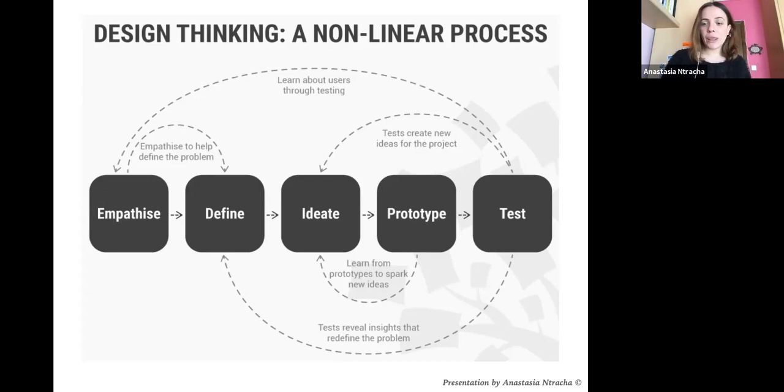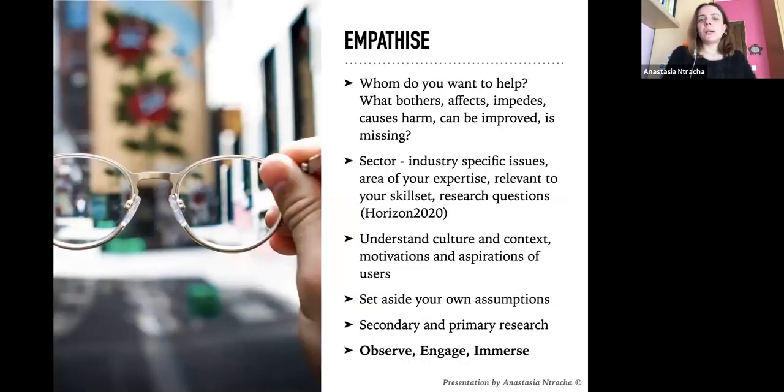So let's start with the empathize phase. Let's say that you and your team want to help someone. You have seen something that bothers you, that affects you, or some other target group, that causes harm, something that is missing or needs improvement. And you would ask, what kind of problem is that?